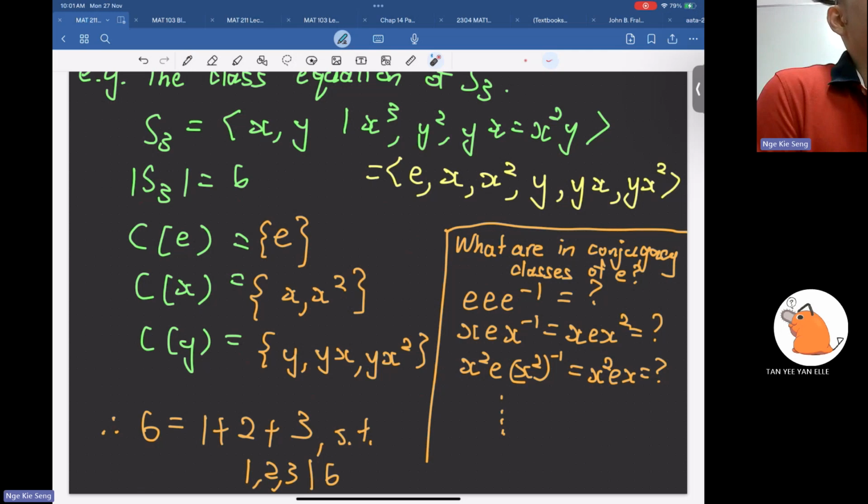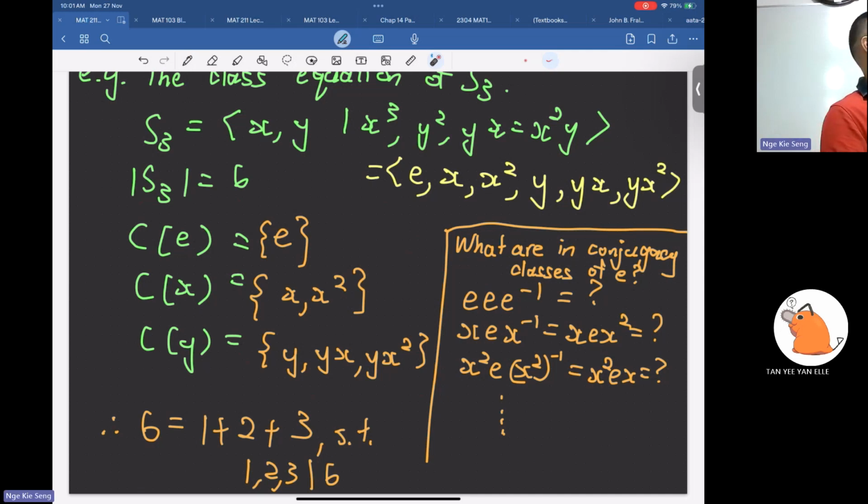What do you mean? Why do I need this? This tells you the number of different conjugacy classes.